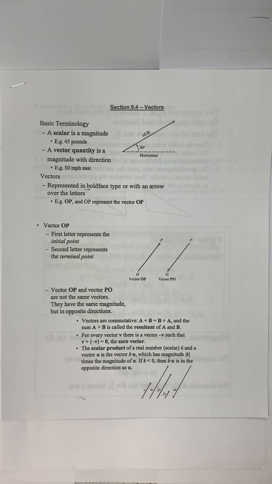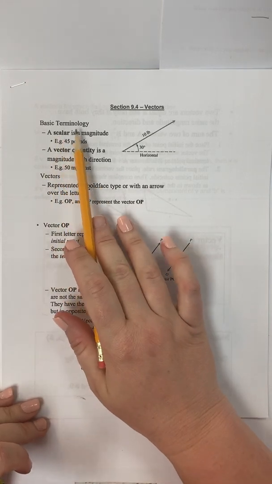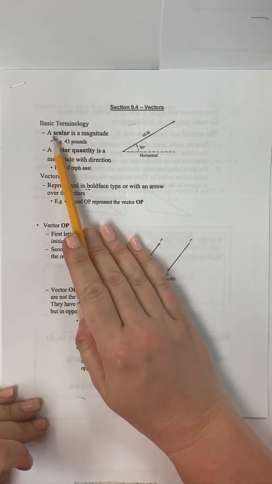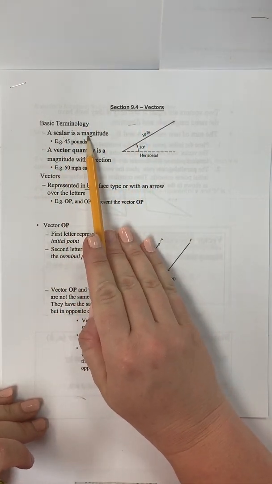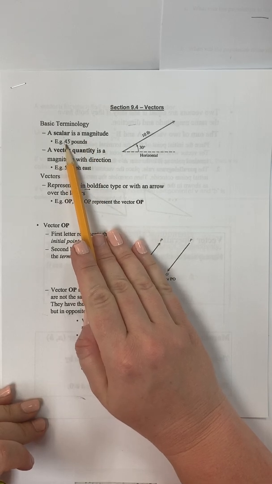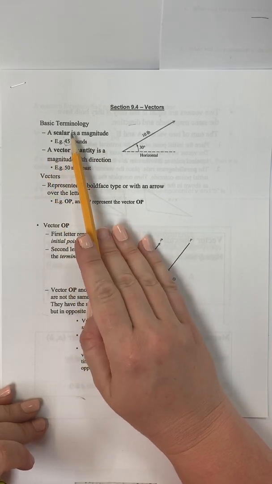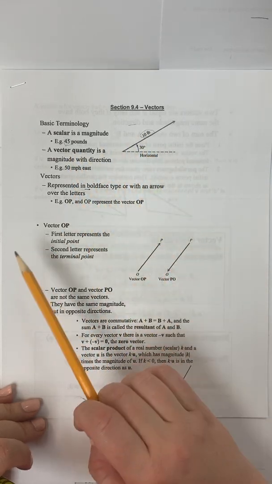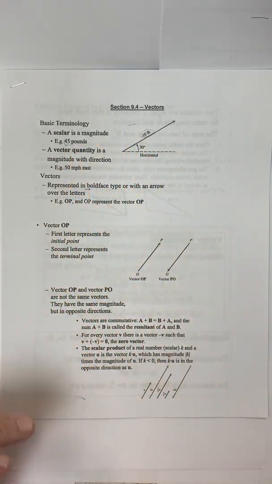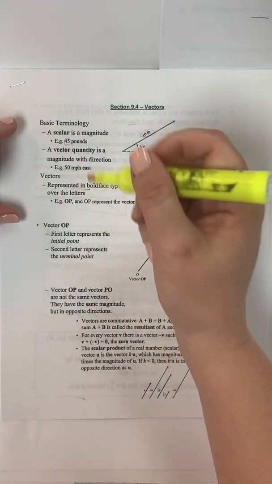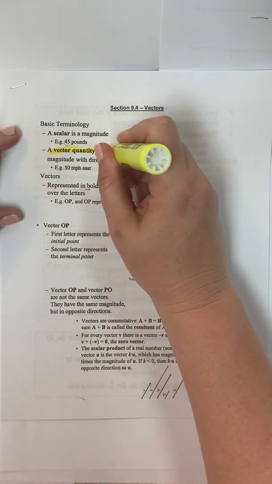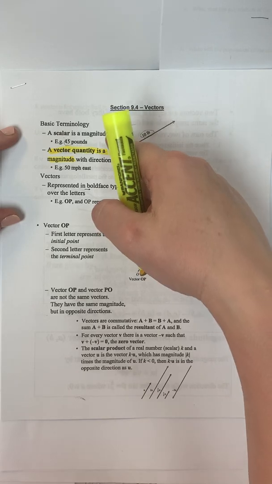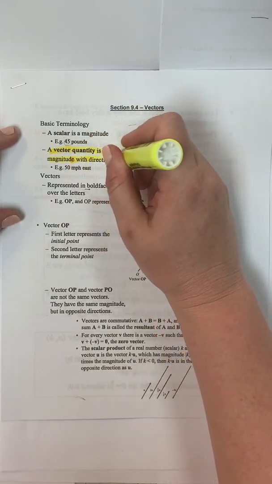We have a lot of terms to learn on these first few pages. In trig speak, a scalar is just a number, like 45 pounds, or 10 pounds. A vector quantity, however, has a magnitude, which is a number, and a direction.